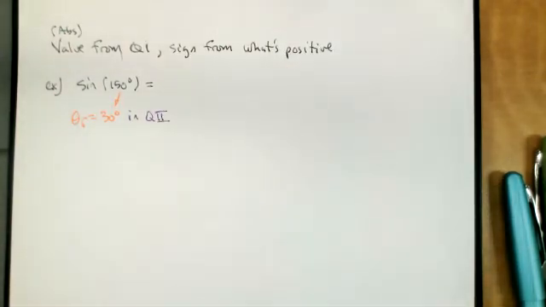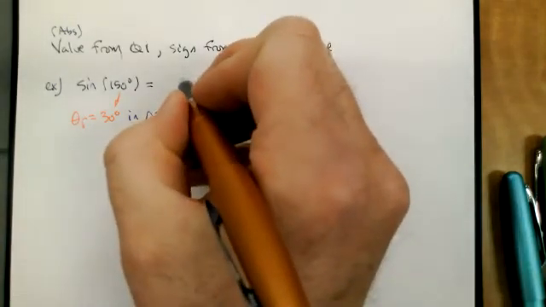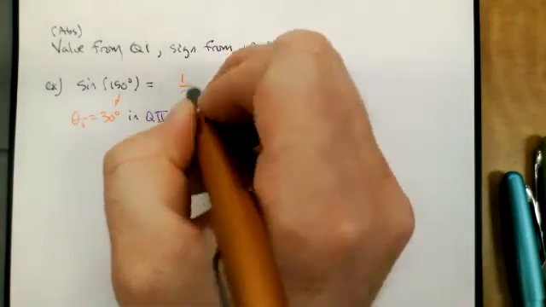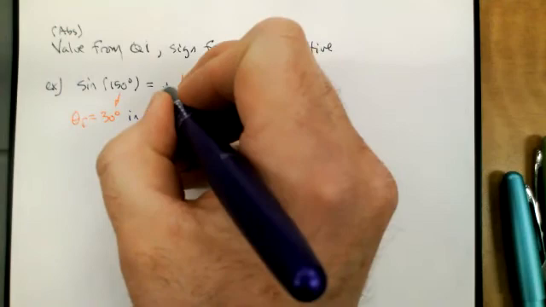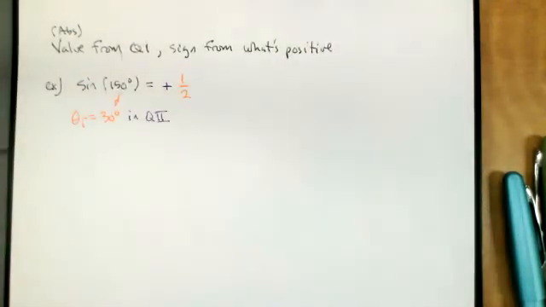So now we put that together. Sine of 30 is a half. And in quadrant 2, sine is positive. So sine of 150 is positive 1/2.